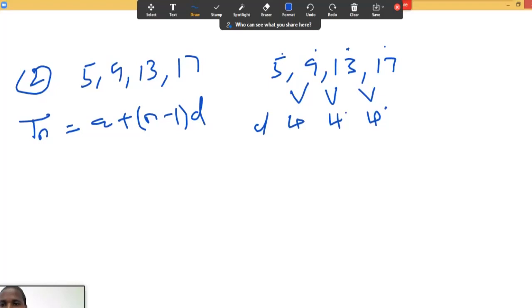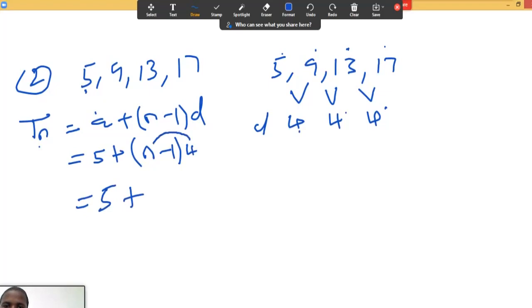If you come back to our general formula, we have Tn is equal to a plus n minus 1 times d. Our a in this case is 5, because a is always the first term of the sequence, and d is our difference, which is 4. So we have 5 plus, we multiply 4, our difference, with n and with minus 1.